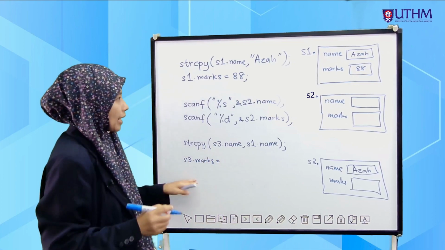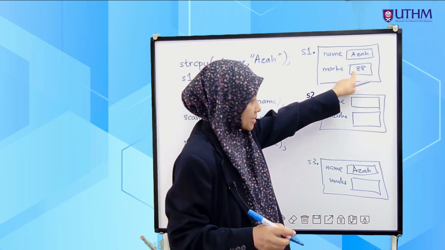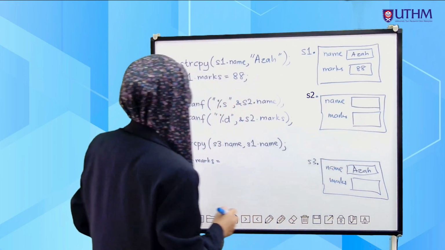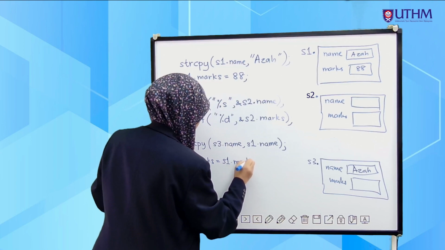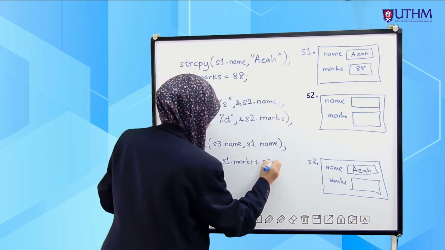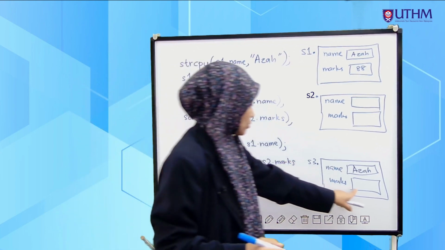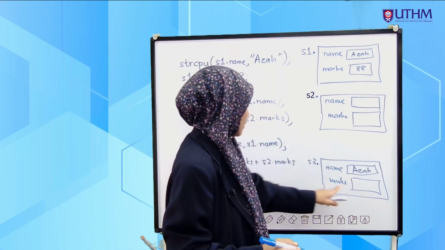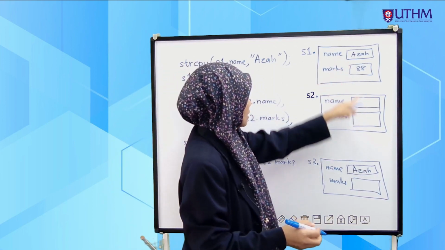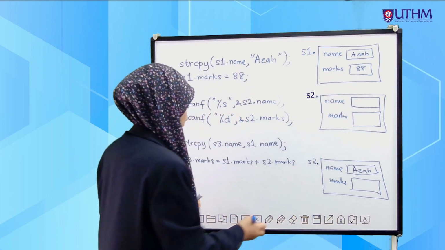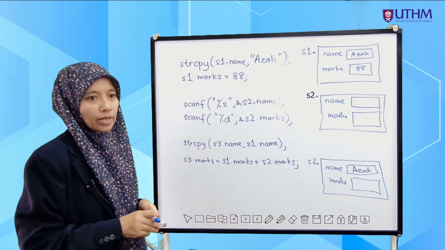The values that I want to total up are from S1.marks and S2.marks, so this should be S1.marks plus S2.marks. Eventually, S3.marks will be assigned the sum of the two marks from these two locations. End your statement with a semicolon.